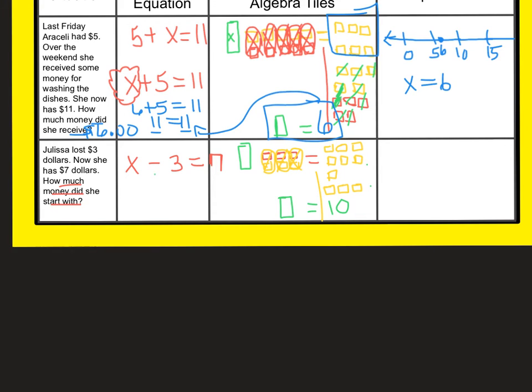So, again, I added 3 on both sides of the equation in order to figure out the amount of money she started with, and x is equal to 10. So to graph that solution, again, with 0, skip counting by 5s, I can see that x is equal to 10, and that's what my solution would look like.